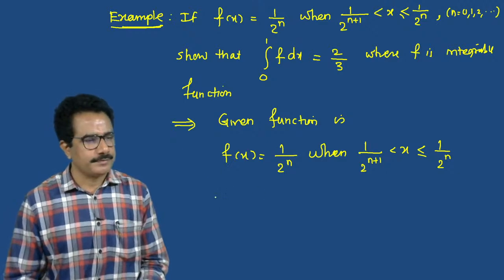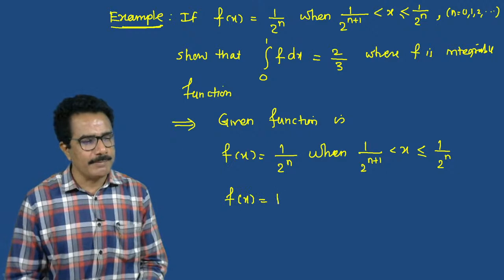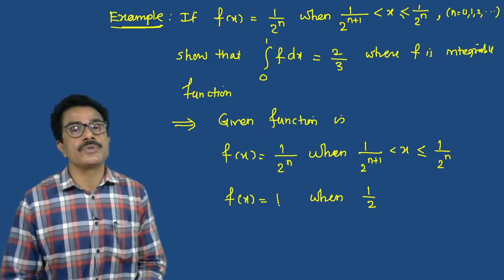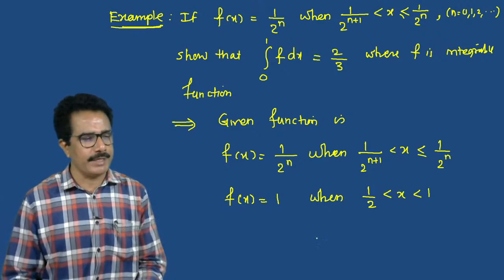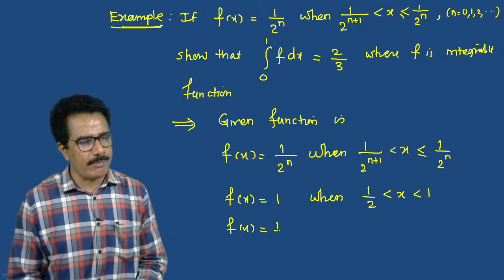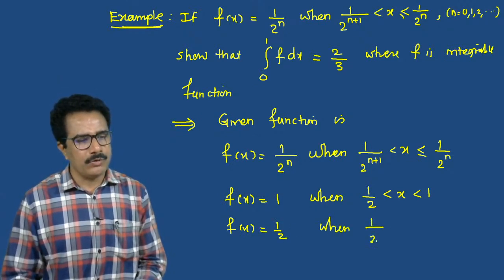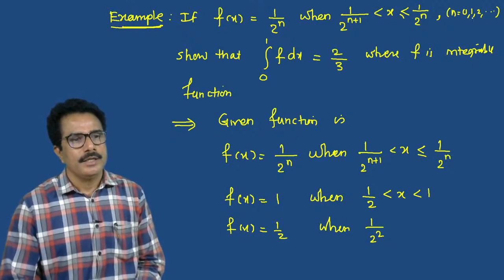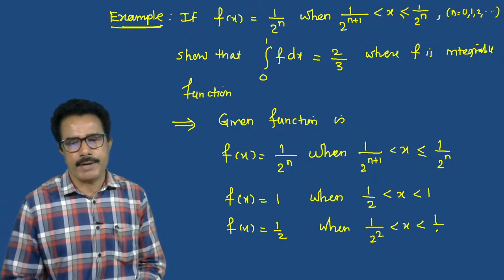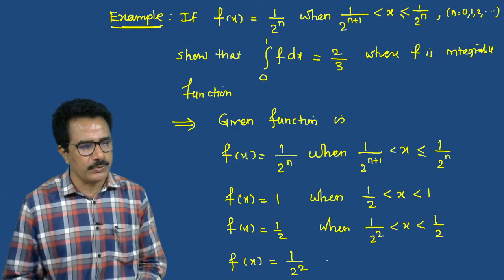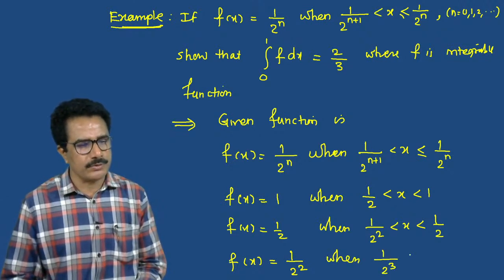f of x is equal to 1 when 1 by 2 is less than x is less than 1, putting n equals 0, 1 upon 2 raised to 0 means 1. Again, the second value: f of x is equal to 1 by 2 when 1 upon 2 raised to 2 is less than x is less than 1 by 2, putting n equals 1. Now put n equals 2: f of x is equal to 1 upon 2 raised to 2 when 1 upon 2 raised to 3 is less than x is less than 1 upon 2 raised to 2.